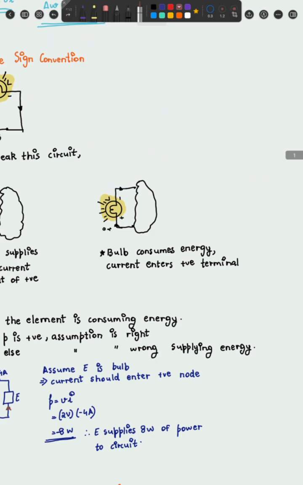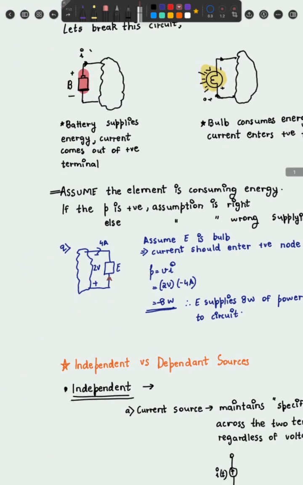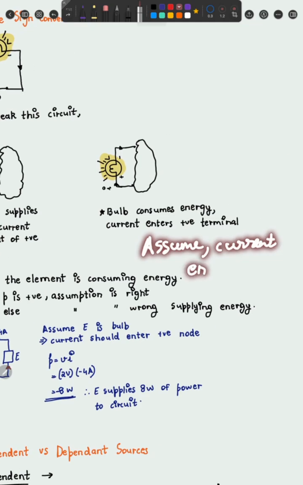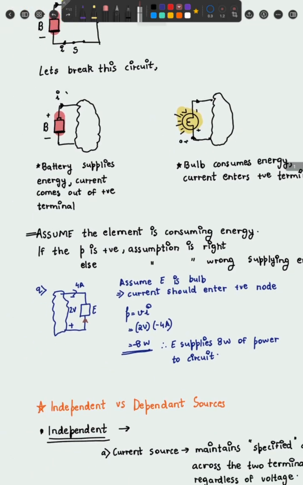What I mean by this is, you assume current enters through positive. Okay, and then you calculate V into I, and if that V into I is positive, it means your assumption is correct and it's a passive element, else it is supplying energy and it's a battery, something on those lines.